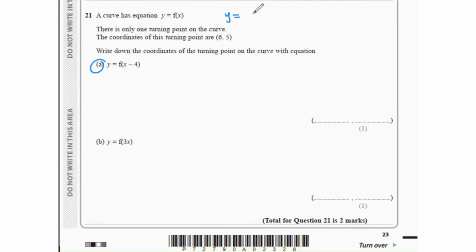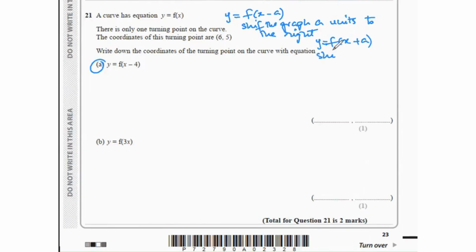So y equals f of x minus a means shift the graph a units to the right, not left, the right. And if it is y equals f of x plus a, shift the graph a units to the left.